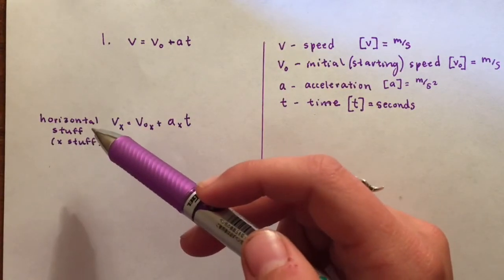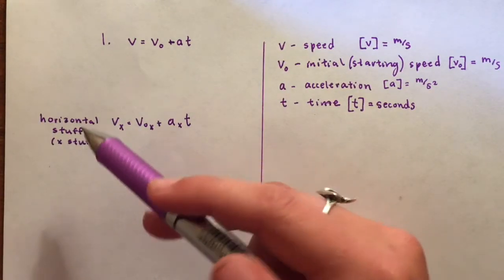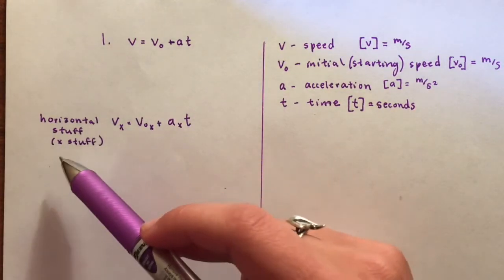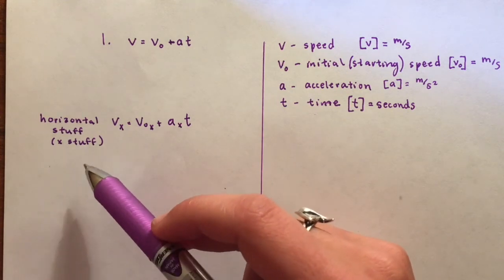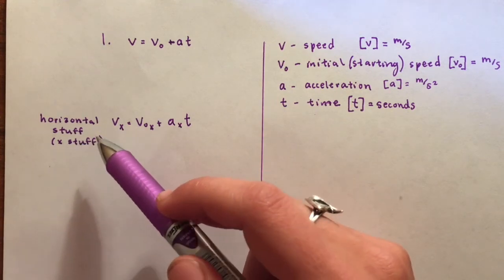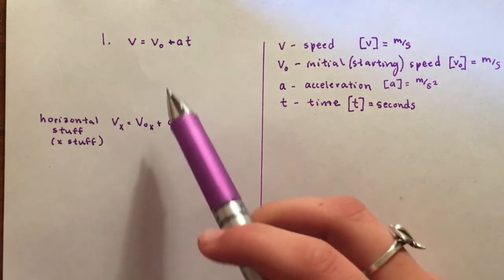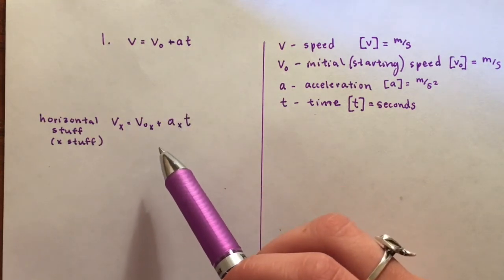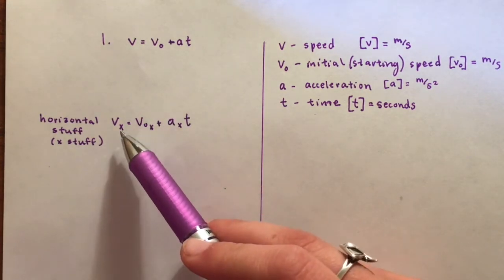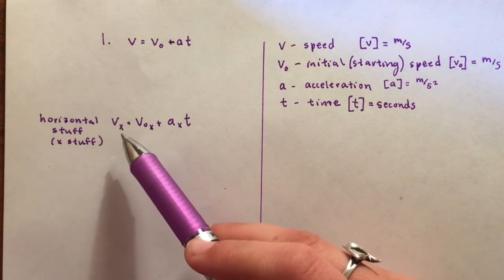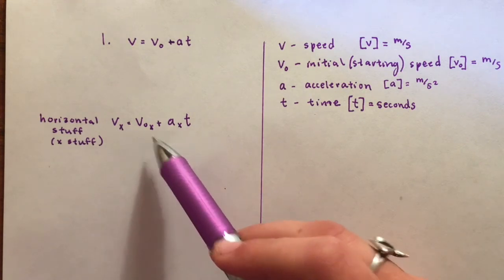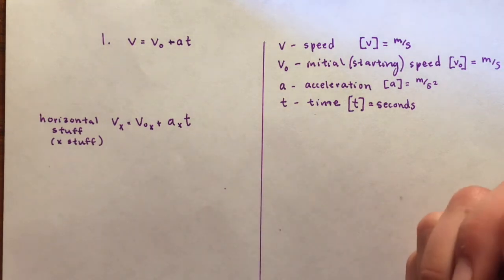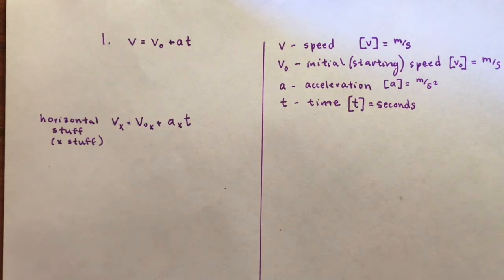When we're talking about horizontal stuff, we denote that with the letter X. So X represents side-to-side stuff or horizontal stuff. And so you can see the equation doesn't look all that different. All we did is we added a little x or a subscript x next to each variable to tell us that we're talking about horizontal stuff. So the variables don't change too much.